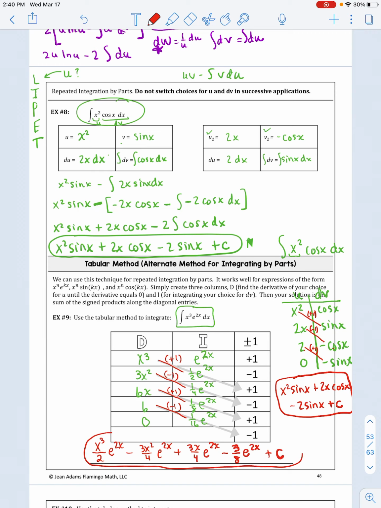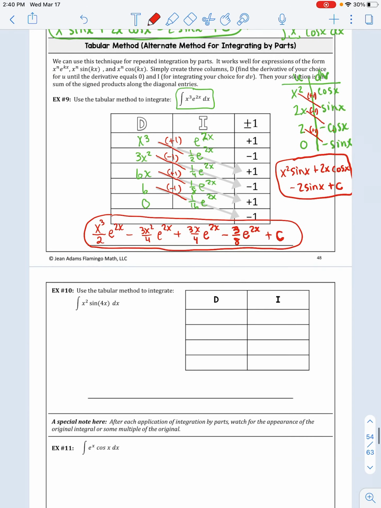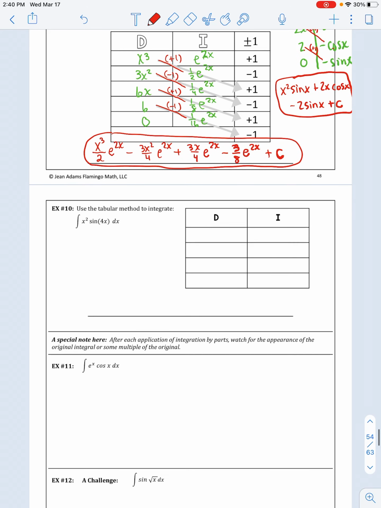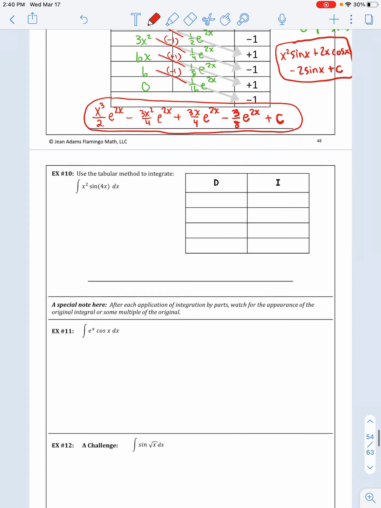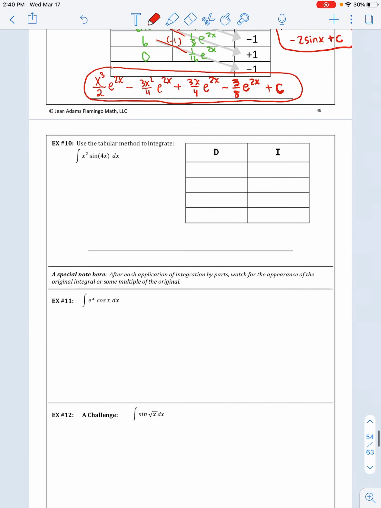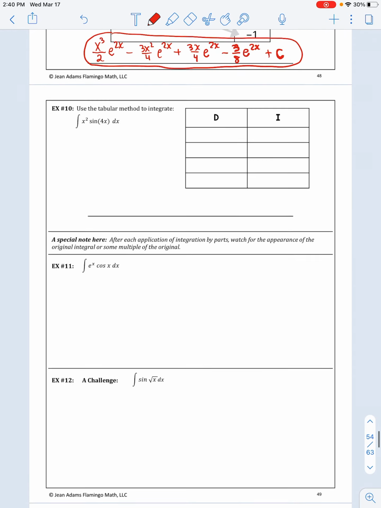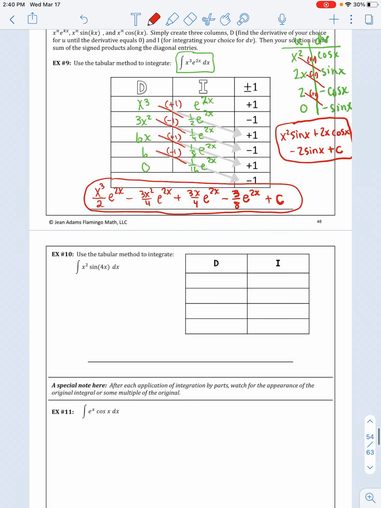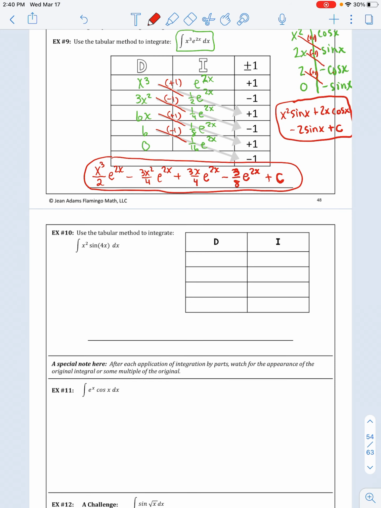Okay, so that is much easier than having to use integration by parts multiple times. It doesn't always lend itself to using tabular, and I'll show you an example, this next example, well, not the next one. 11 is when you won't be able to use it, okay?